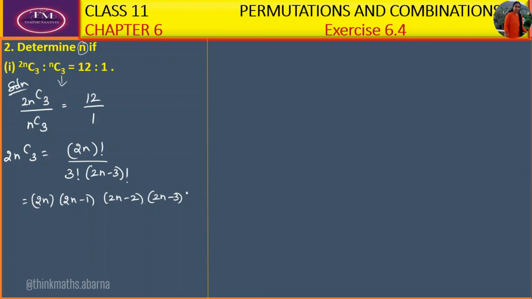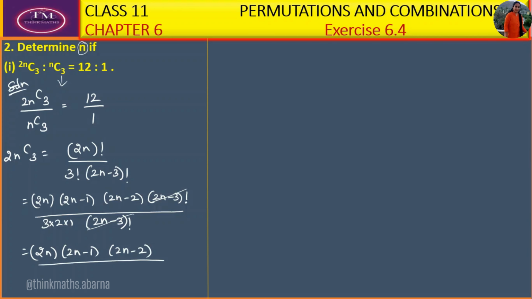From this we can write factorial as we have the same in the denominator, divided by 3 factorial, which is 3 into 2 into 1. So this gets cancelled and the answer will be 2n into (2n minus 1) into (2n minus 2) divided by 3 into 2 into 1, which is 6. Keep this as such. Let me name it as 1.